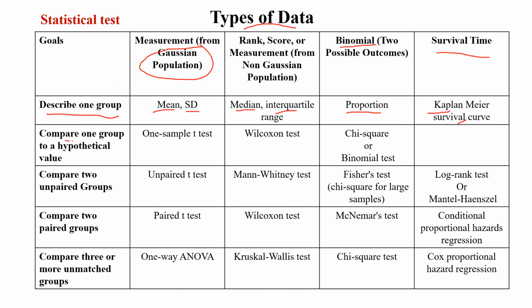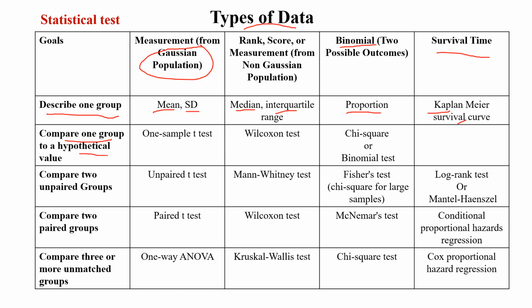If we are going to compare one group to a hypothetical value, like in a class we are assuming the expected IQ value is 100. This is the hypothetical IQ value we are taking for the class.